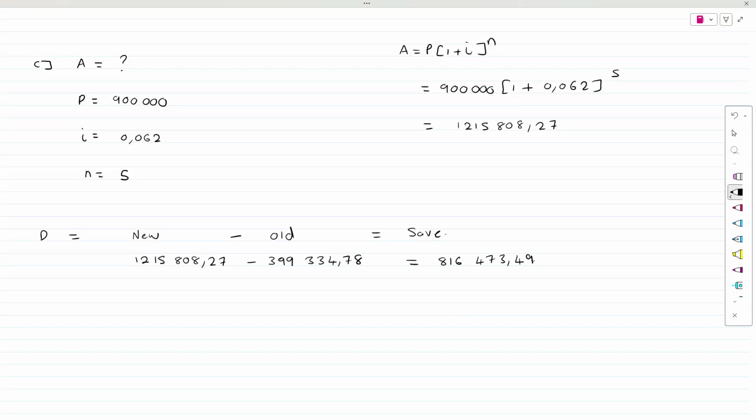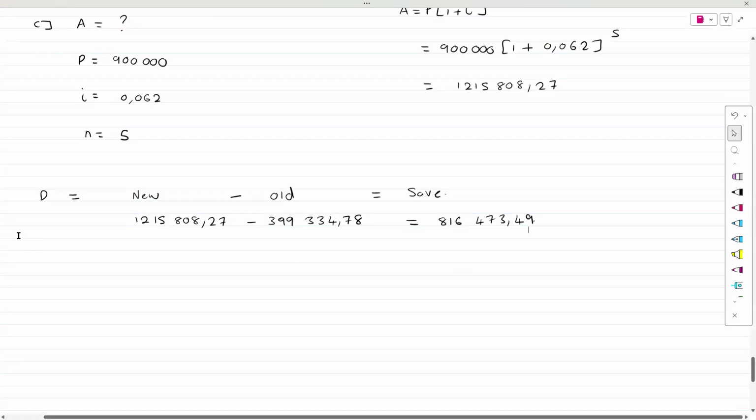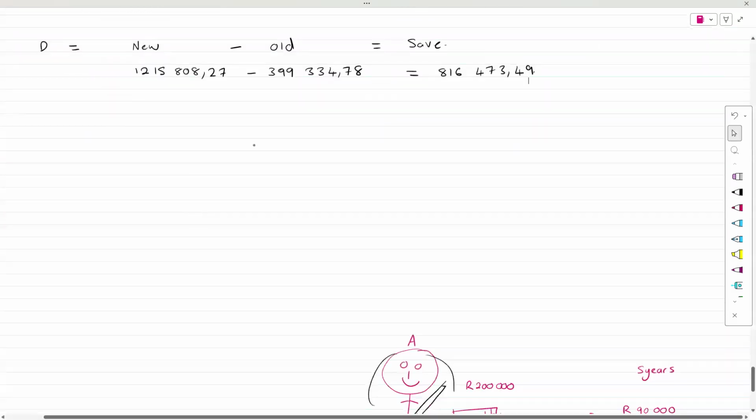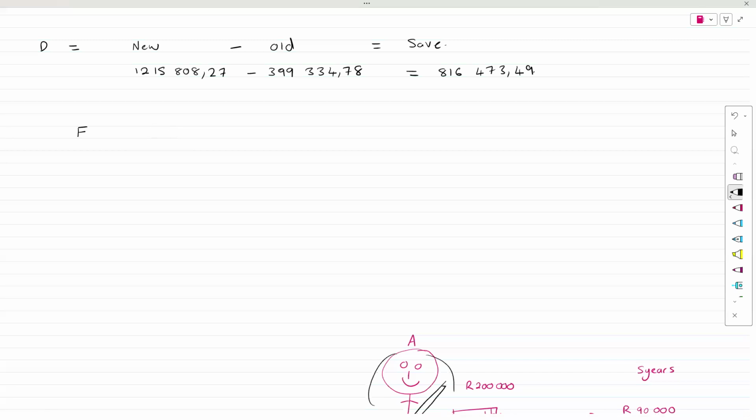473.49. This is the amount that he needs to save. Okay. So for us to find out how much he needs to save per month, we go future value, X, I, N. And it's quite simple because they're going to give him 5 years times 12 is 60.